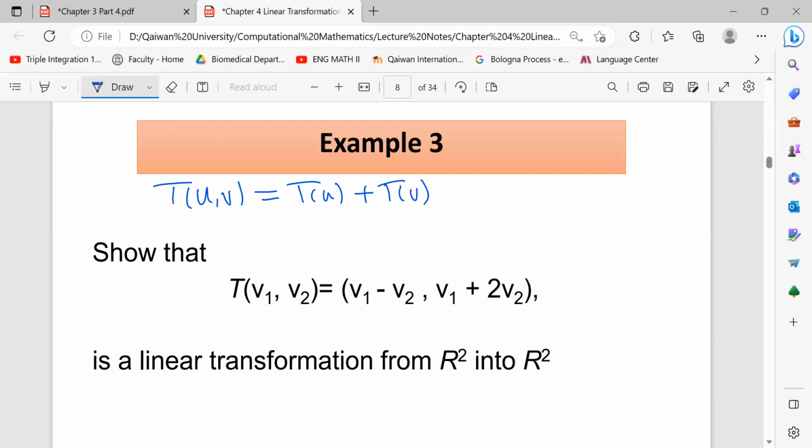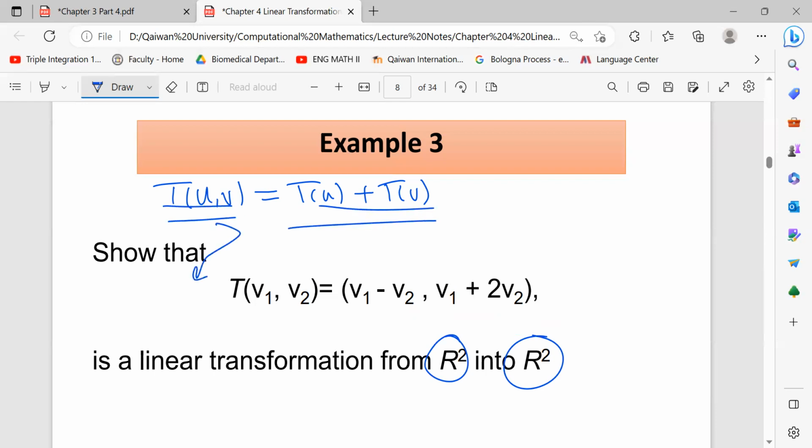In each of them, we have two entries because it says from R2 to R2. So the vectors are in the form U1, U2, or V1, V2. We have two elements in it. Okay? So let's show that these two are equal.